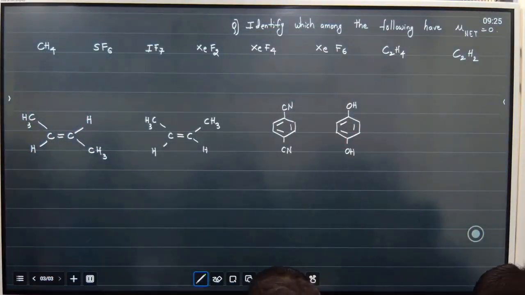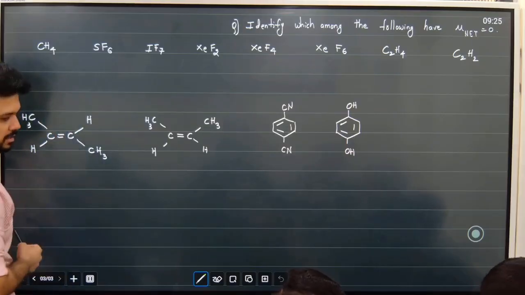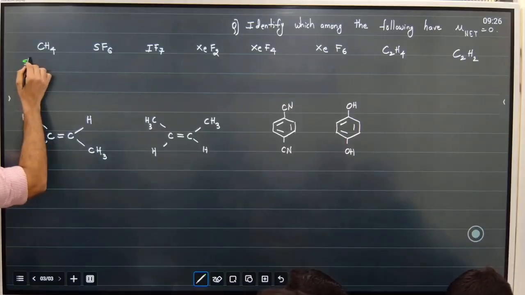Okay, now let's do some questions together where we need to identify whether the net dipole will be 0 or non-zero. Okay, now let's start with the first molecule, CH4 sp3 hybridized tetrahedral.